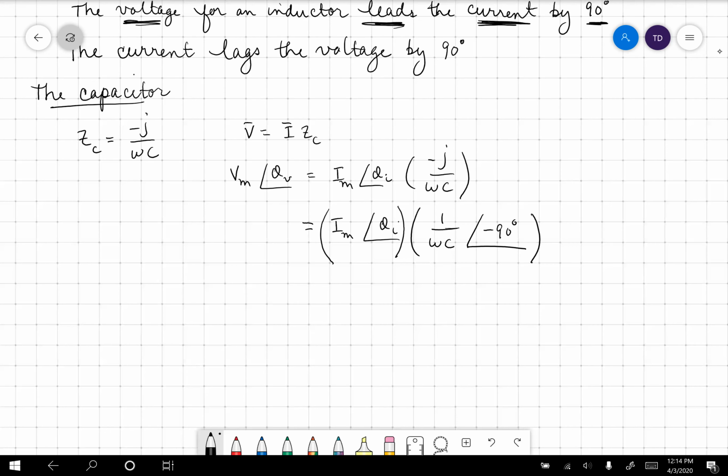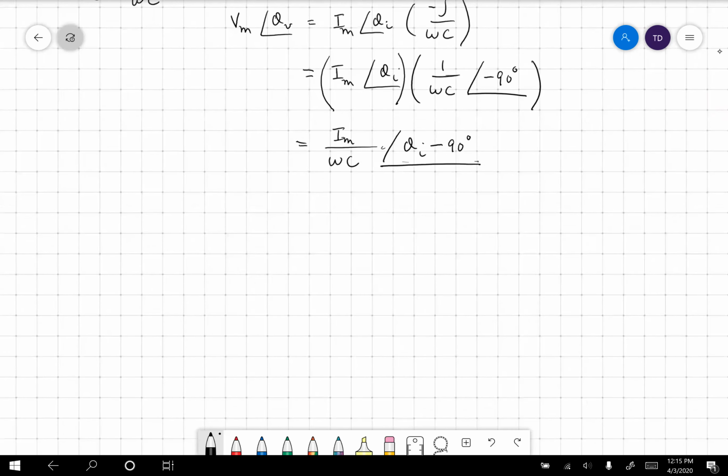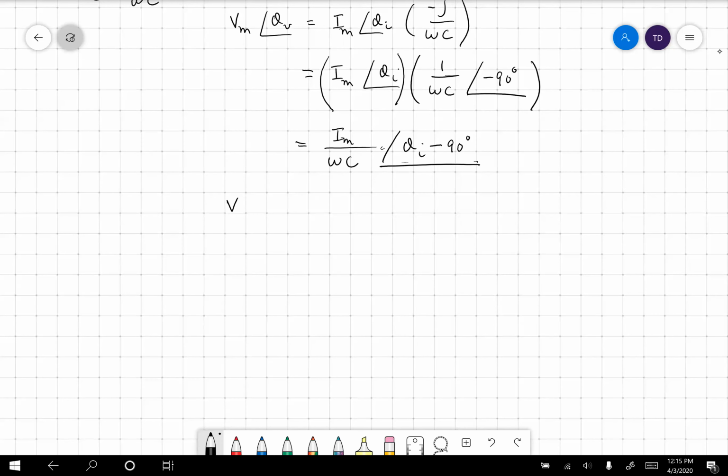I'm going to do the same thing here and write this the following way. It's I sub M over omega C, and that is going to be at an angle of theta I minus 90 degrees. So what does that tell us? That tells us the relationship is the following.